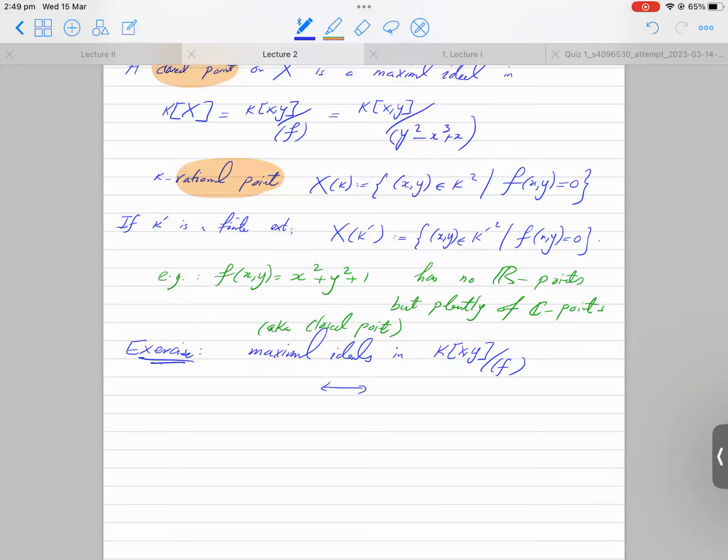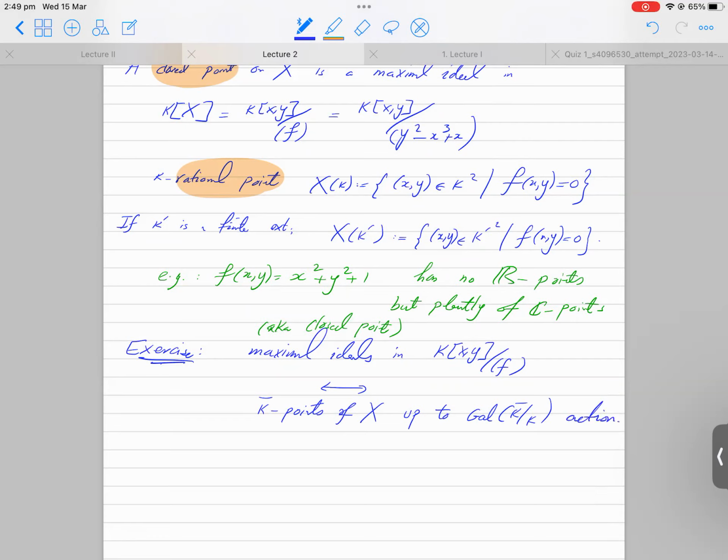With K-bar points, K-bar rational points of X, up to Galois conjugacy, that is, up to the action of the Galois group of K-bar over K.